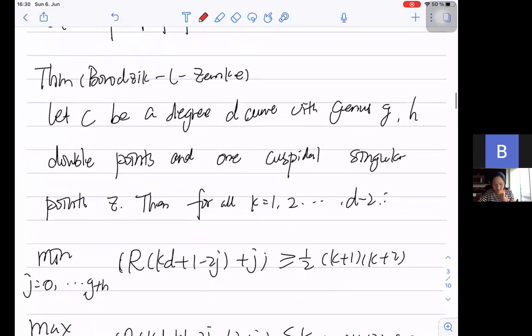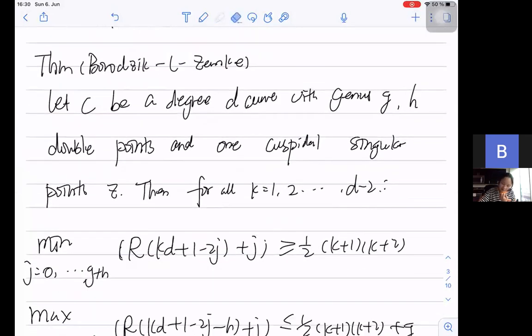The main theorem says, if we have a singular curve C with degree D and genus G, H double points, and one cuspidal singular point Z, then for any K ranging from 1 to D minus 2, we have the following two inequalities.